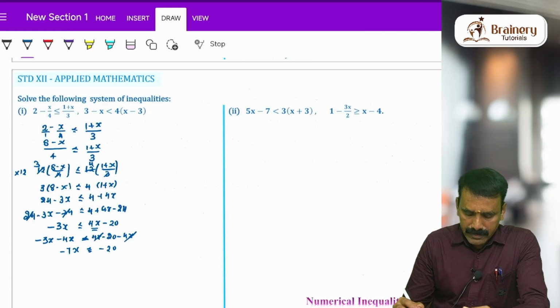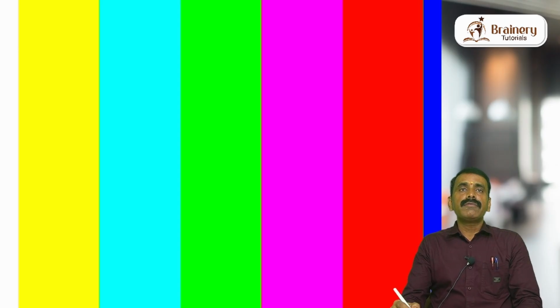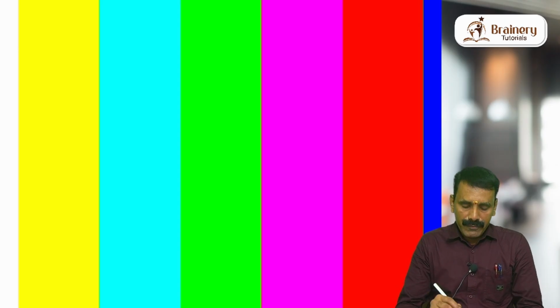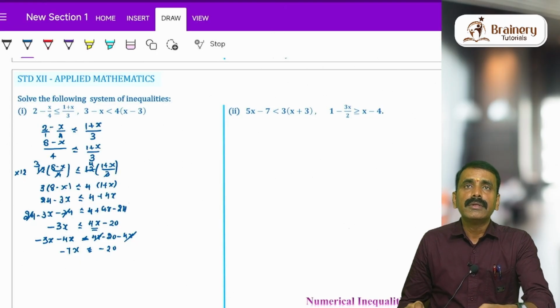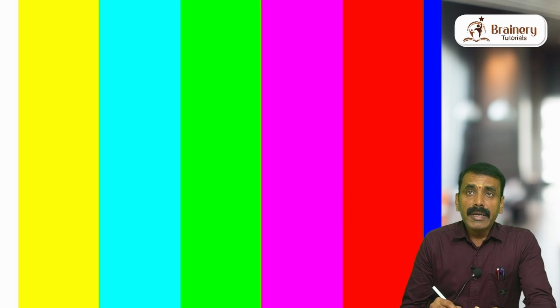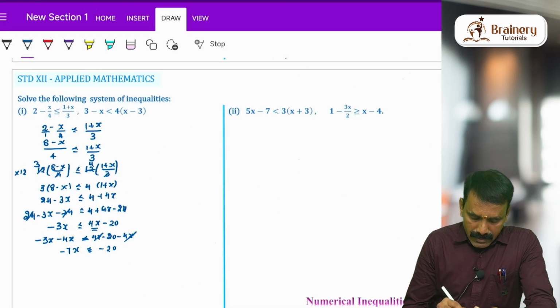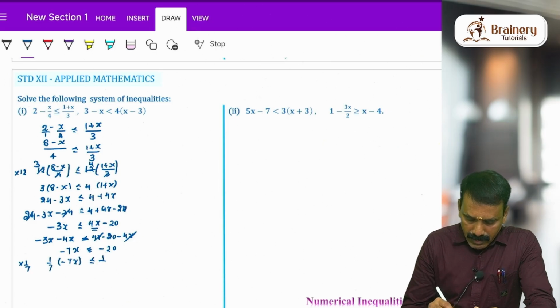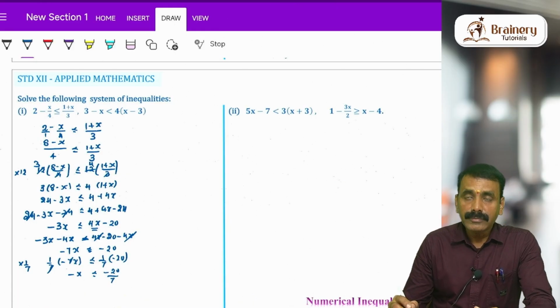On the left hand side and right hand side we are having negative symbols, and we are having coefficient 7 for x. So we must try to remove 7. Multiply by the multiplicative inverse of 7, which is 1 by 7. So 1 by 7 into minus 7x less than or equal to 1 by 7 into minus 20. So 7 cancels. So minus x will be less than or equal to minus 20 by 7.